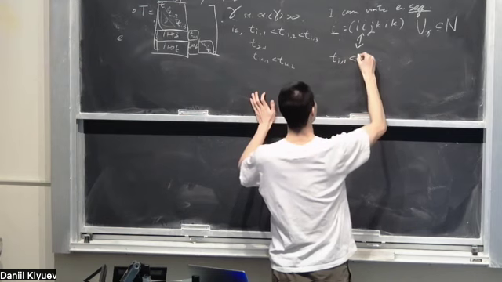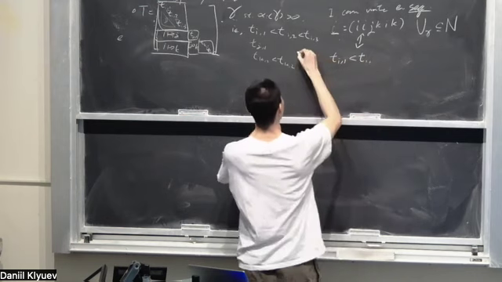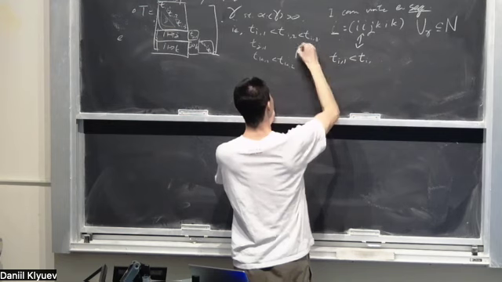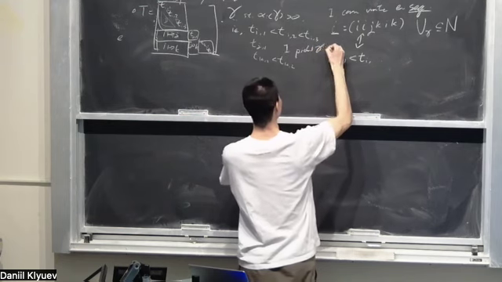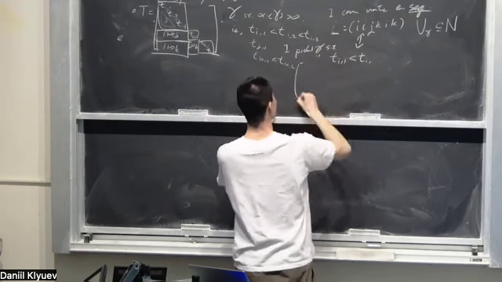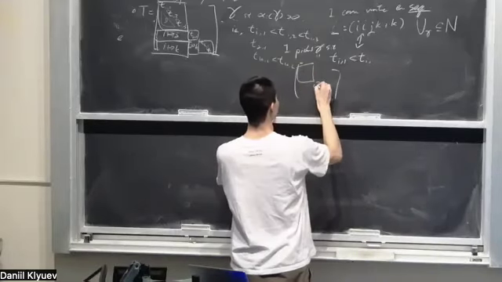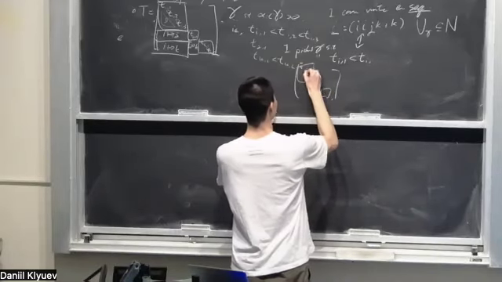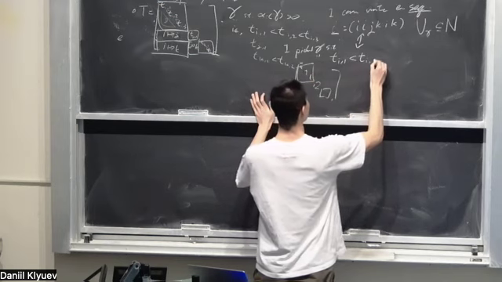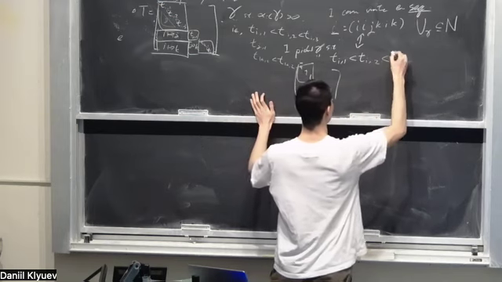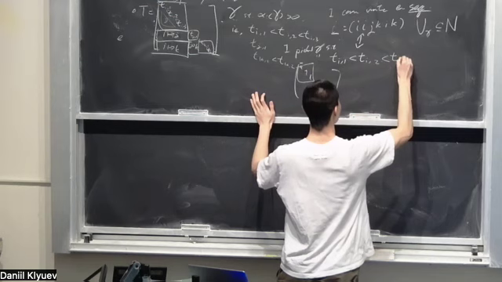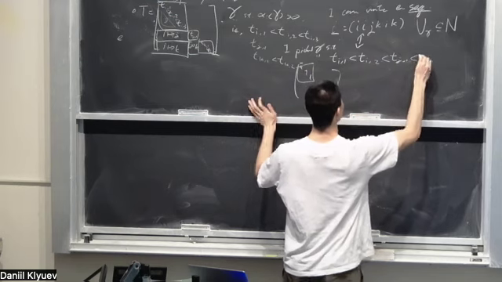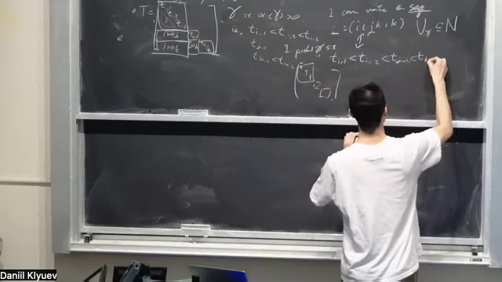So what I'm really saying is, I picked gamma such that Ti1 is less than Ti2 is less than Tj1 is less than Tk1.